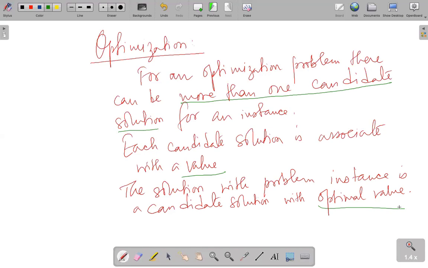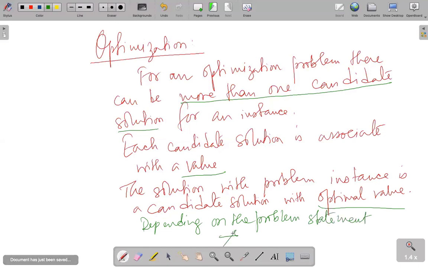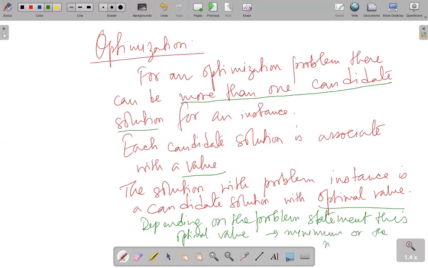Now, depending on the problem statement, this optimal value could be either the minimum or the maximum value.